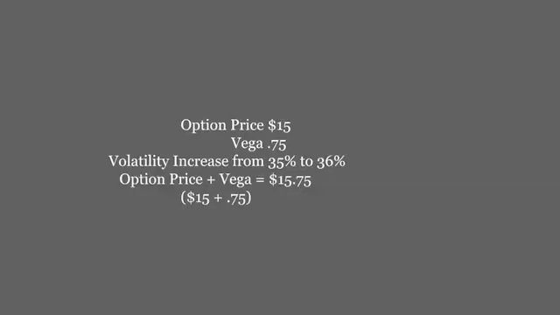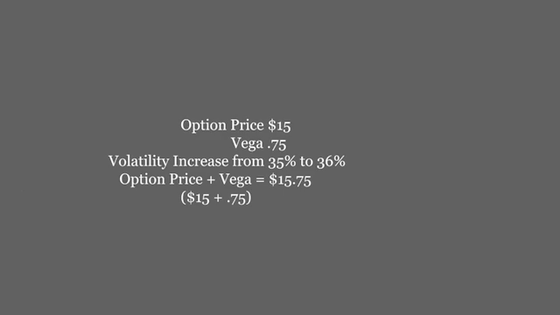Okay, so let's say the theoretical price of an option is $15. Vega is 0.75. If the volatility of that option moves from 35% up to 36%, then the theoretical value will increase to $15.75. So again, $15 price of the option, Vega 0.75.